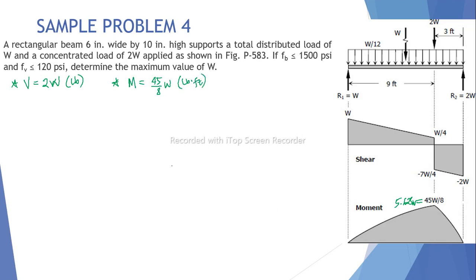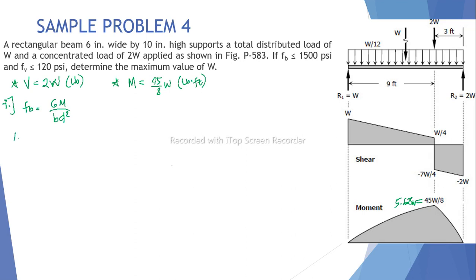Okay, let's start with the flexural stress. The dimensions of the beam, a rectangular beam, are 6 inches by 10 inches. So the flexural stress is 6M over BD squared. We just substitute the values.